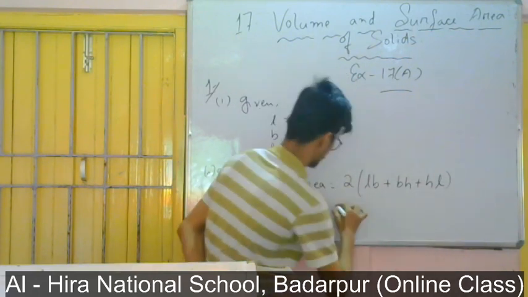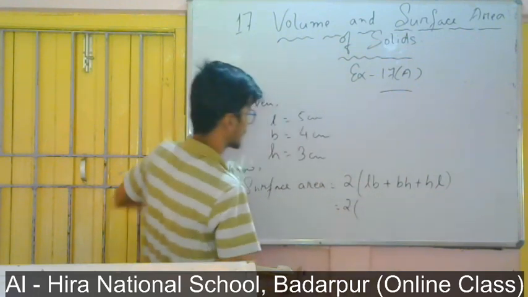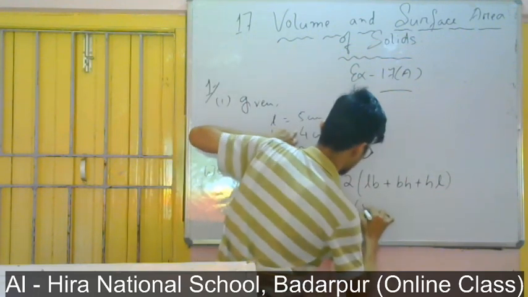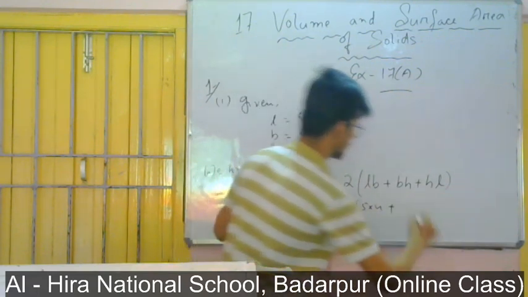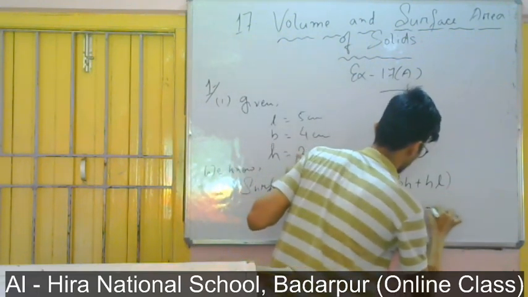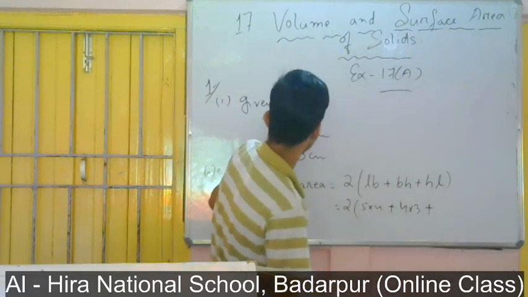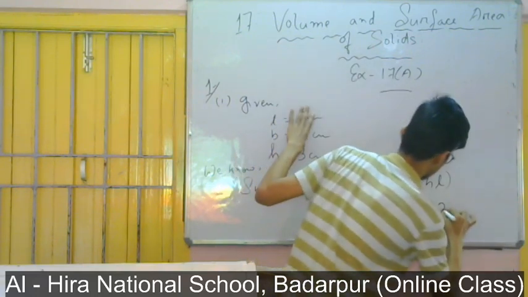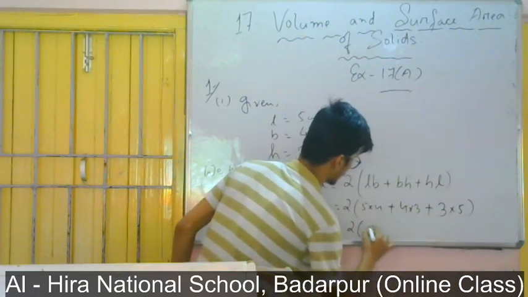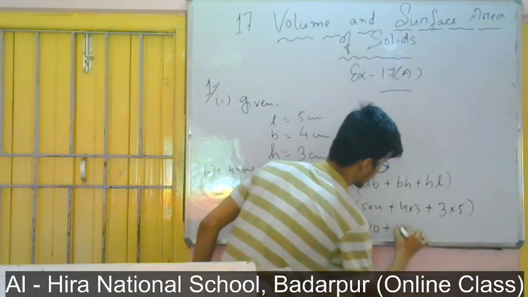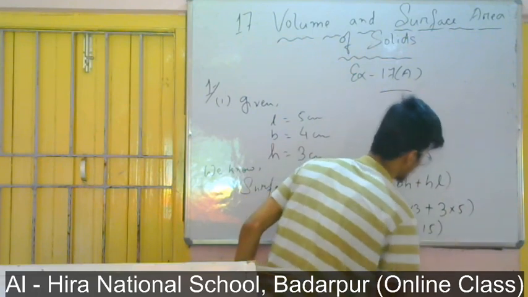So now simply I will take LB, length into breadth, that means 5 into 4, plus then BH, 4 into 3, plus then 3 into 5, H is 3 and this one is 5. So 2 into 5 4s are 20, plus 4 3s are 12, 3 5s are 15.